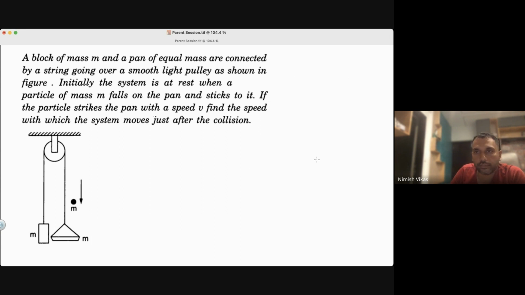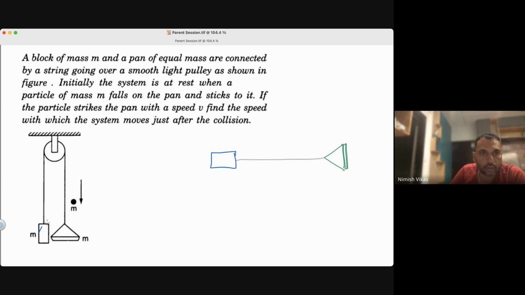This situation can be thought of in your mind as if this is the pan, this is the string attached to the pan, and this is the block.